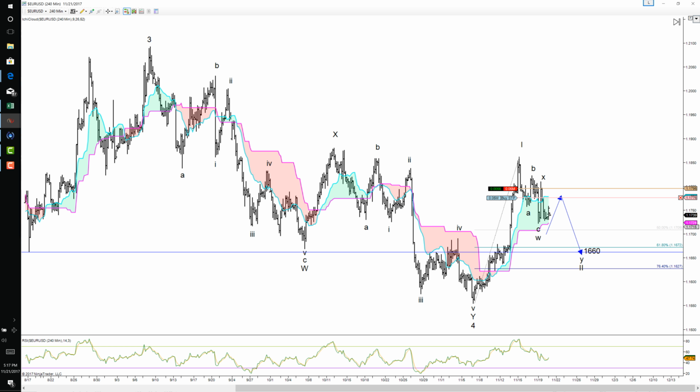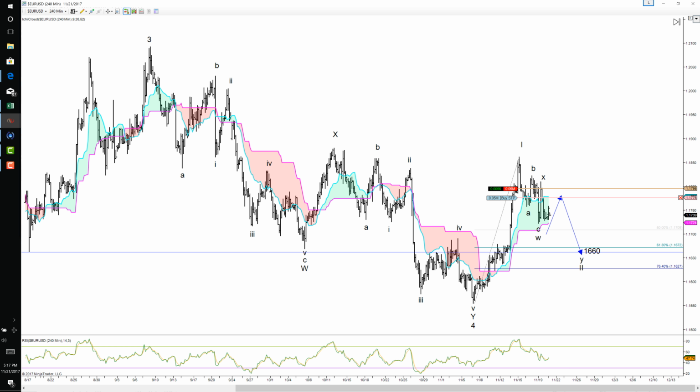So in a sense, it's indicating prices are to the downside. My Ichimoku cloud is starting to lift up, but price still needs to break this 1720 level. If it does, prices will head down to 1700, and then 1660. At that point, I believe wave 2 will be in progress, and sometime at the start of next week you'll see the move up for wave 3 of wave 5.